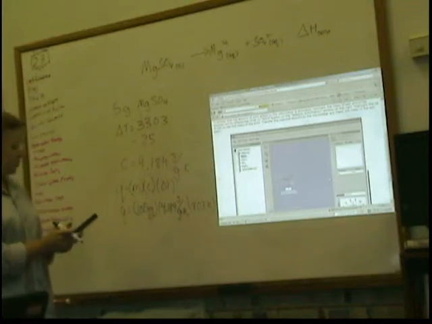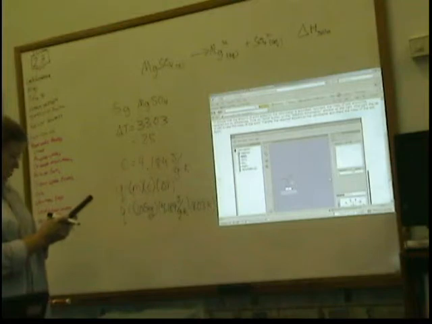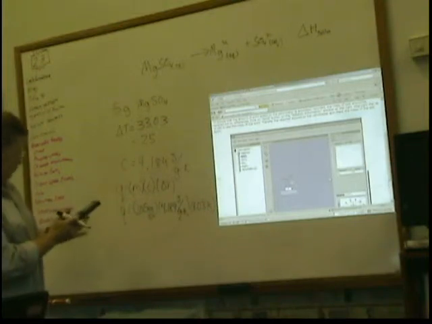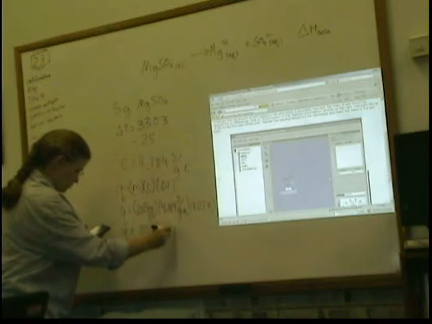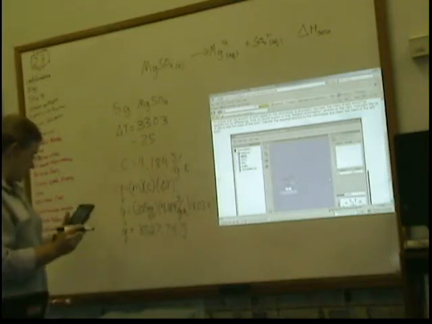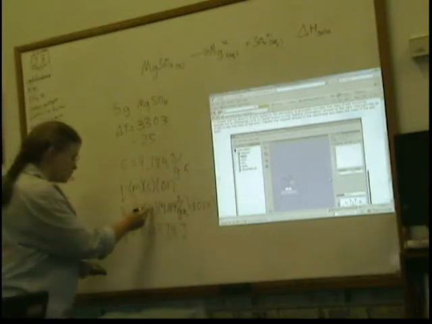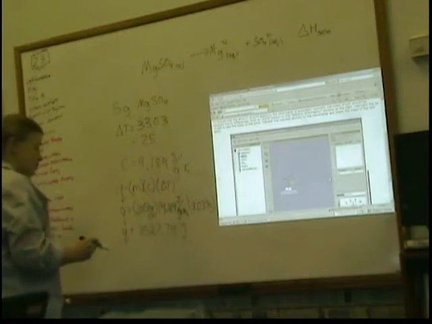Now, if y'all want to check, I'm notoriously bad for making calculator mistakes. So I get 3,527.74 joules. My grams cancel, my kelvins cancel, so that's why I'm left with joules.